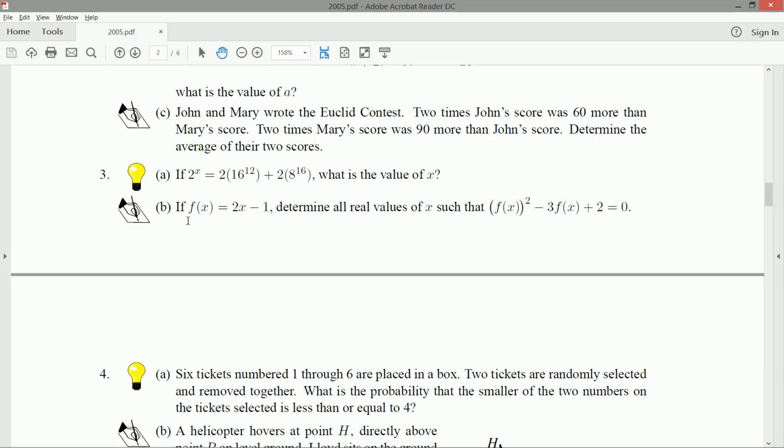All right, B. If f of x is 2x minus 1, determine all real values of x such that f of x squared minus 3 f of x plus 2 is equal to 0. So what do we want to do there? I can think of 2 ways that we might want to do this one.